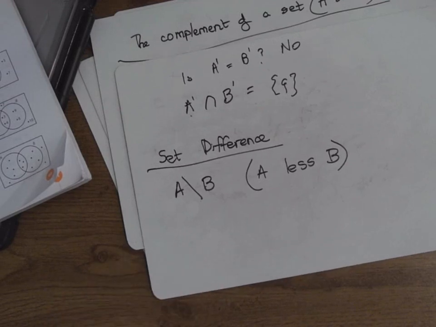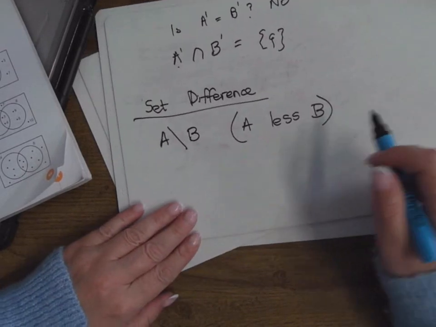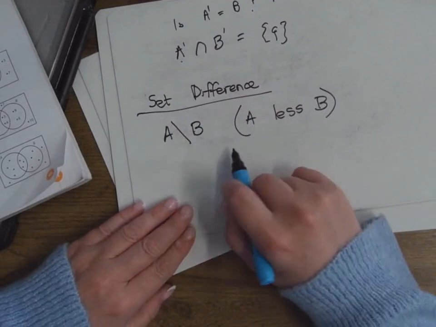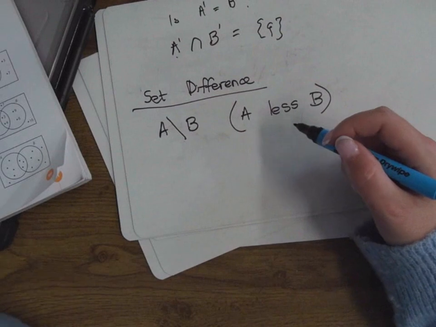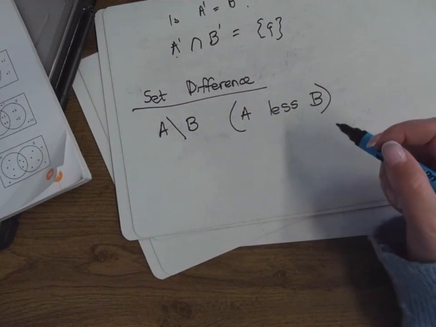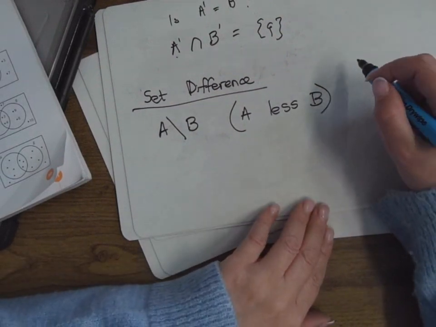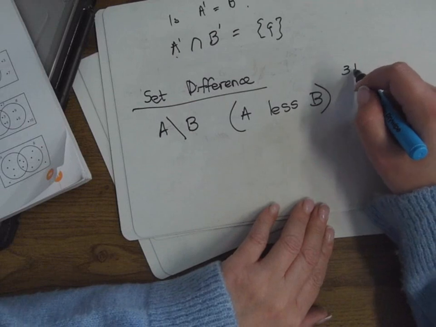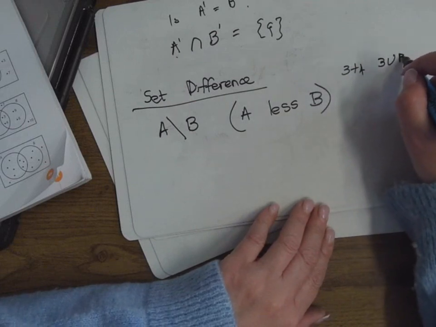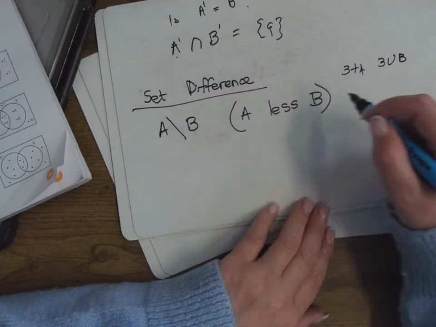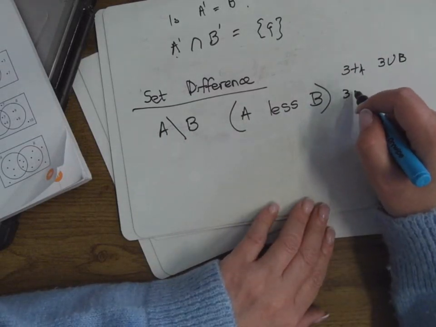Okay, so set difference, girls, is A less B. It's like the takeaway. In normal sums we have 3 plus 4. That's like 3 union 4. And A less B is like 3 takeaway 4.